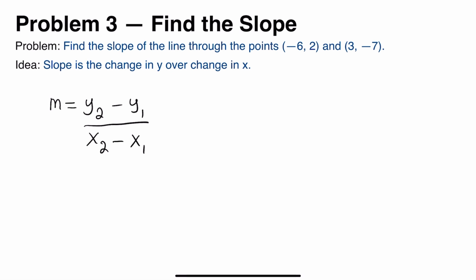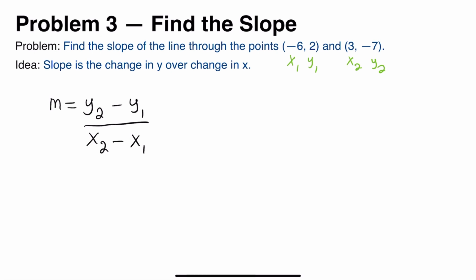We can go ahead and substitute the coordinates, and if it helps you, you can label your coordinates, and we'll do that here. We have x sub 1, y sub 1, x sub 2, y sub 2 here. So that helps you substitute them.